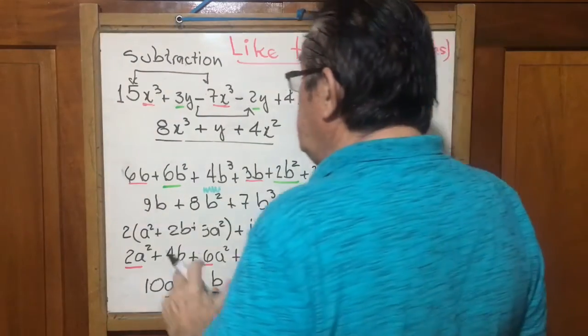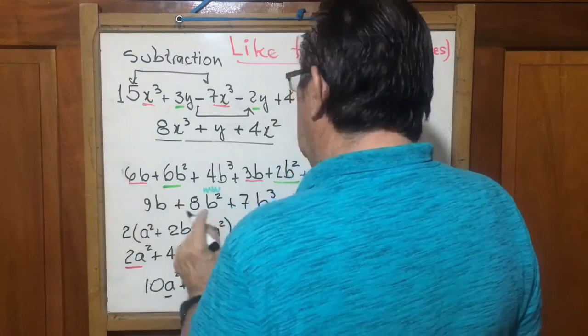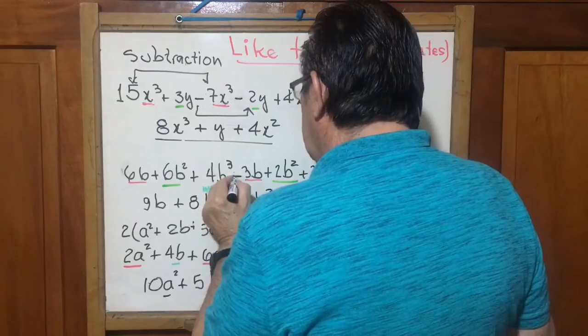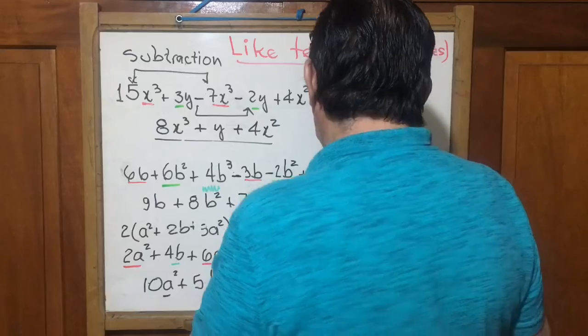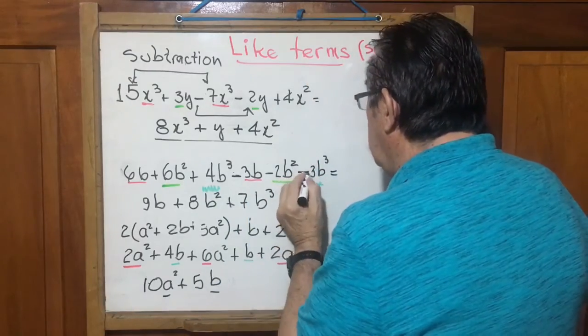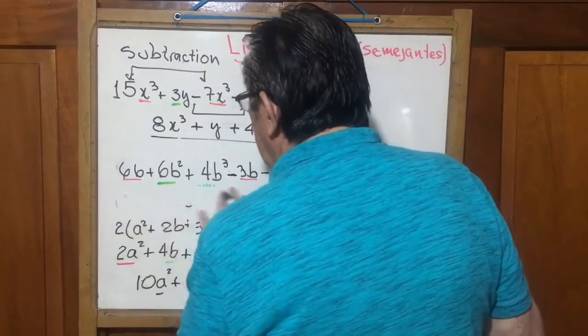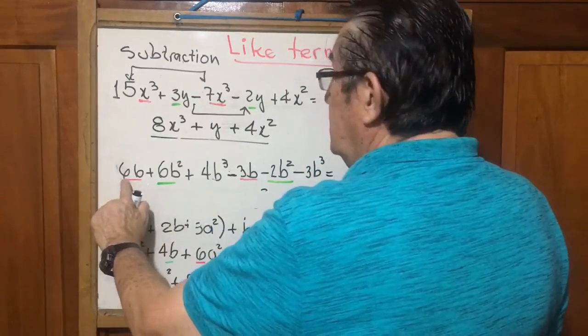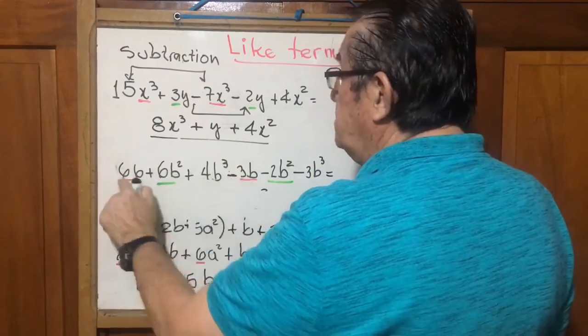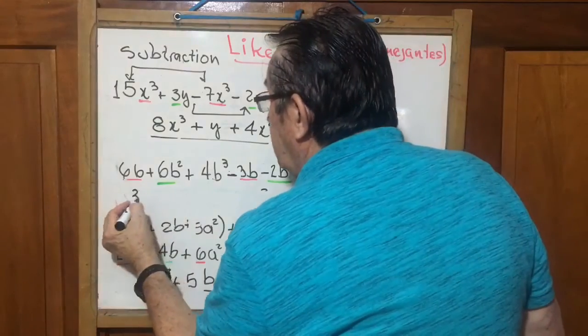Now, let's do another example. Let's imagine that this is negative, and this is also negative, and this is also a negative term. Okay, let's solve it. 6 minus 3 is 3b.